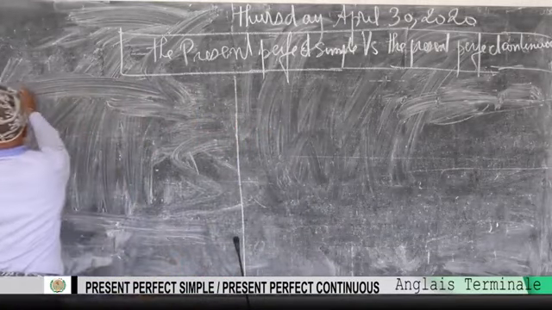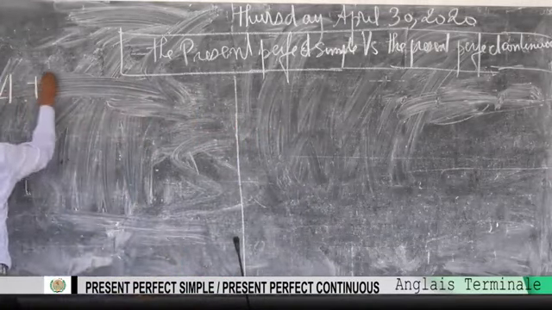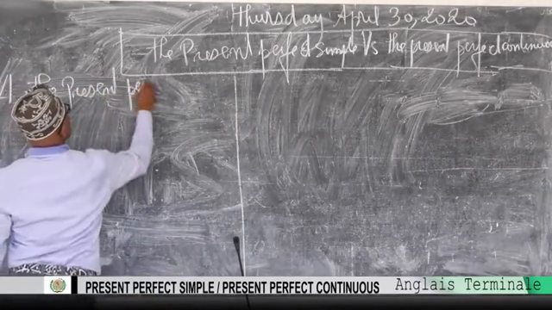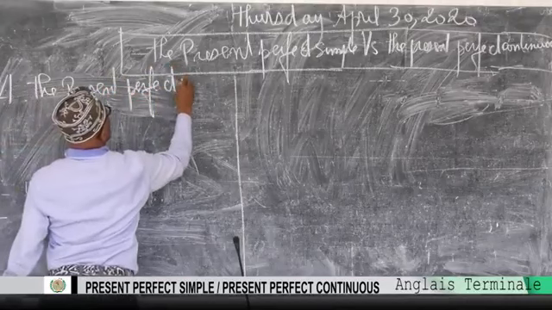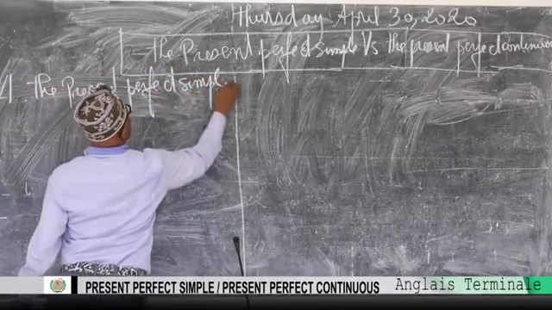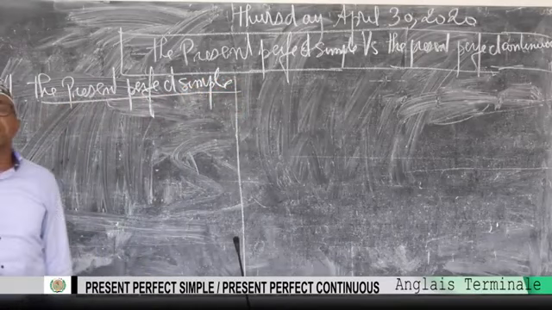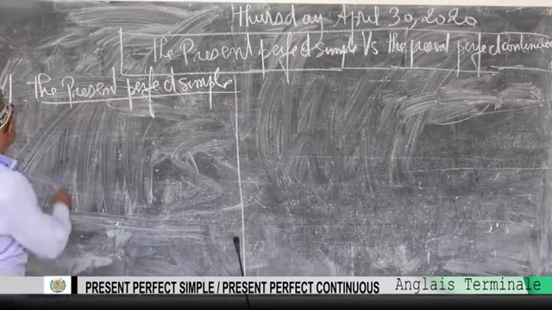First, let's look at the present perfect simple and see first how it is constructed.